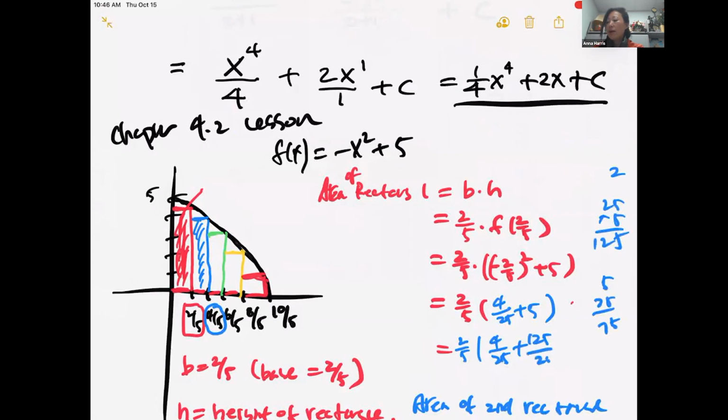So the answer is 2/5 times 141 over 25. Whatever that number is, that's your area for this rectangle, the red rectangle.